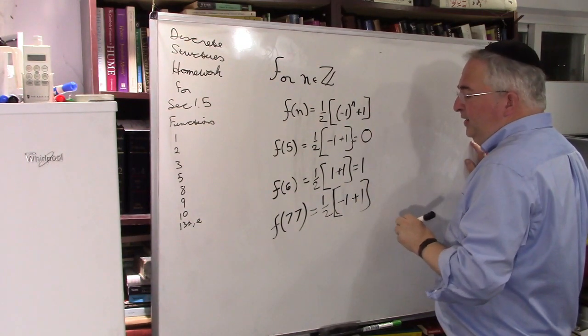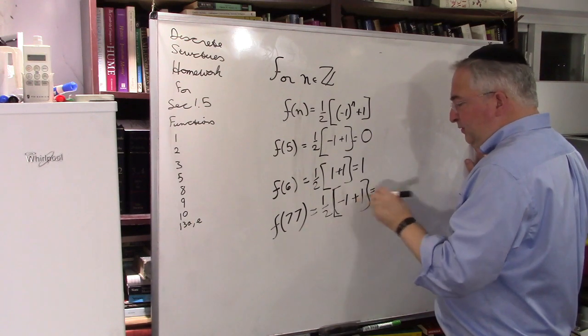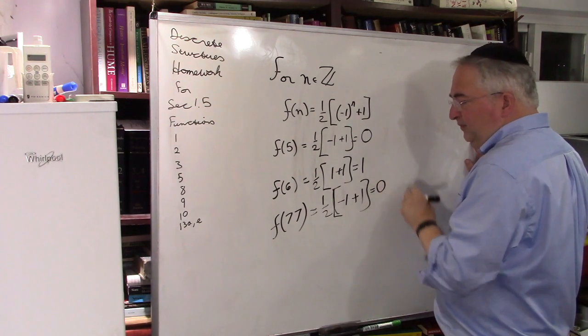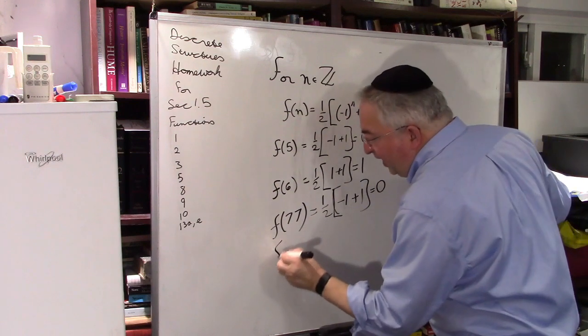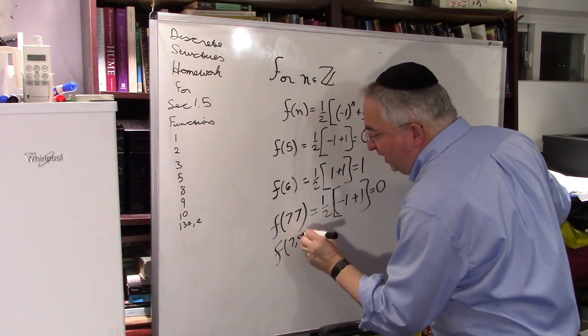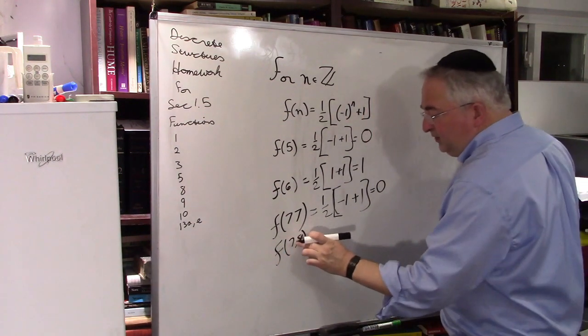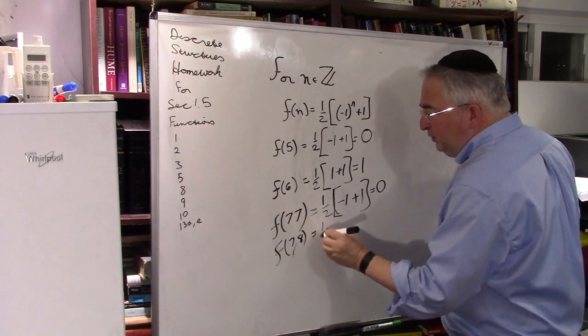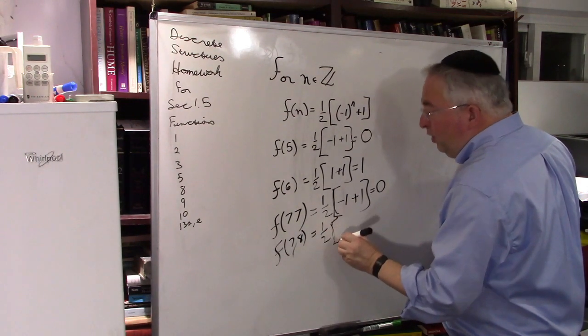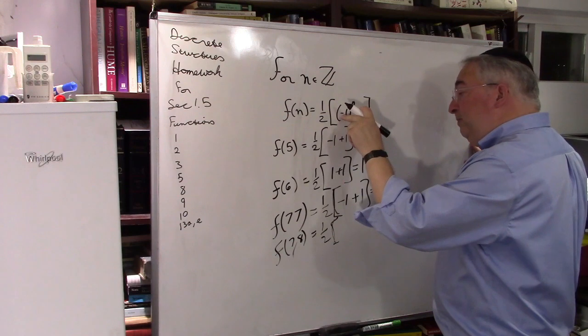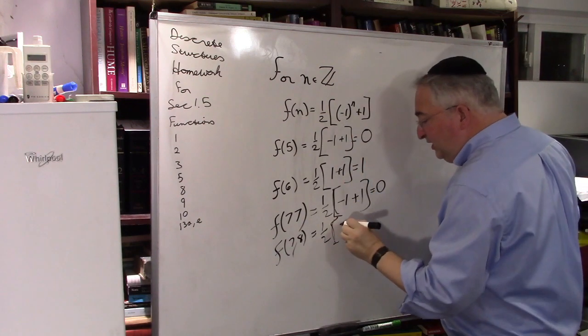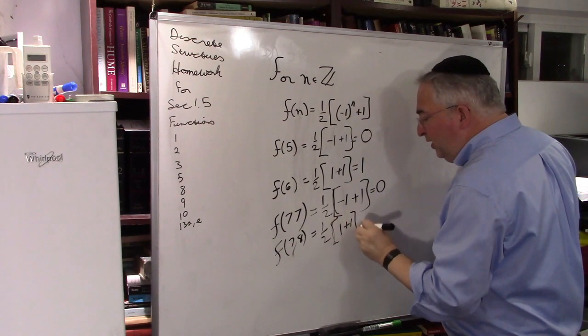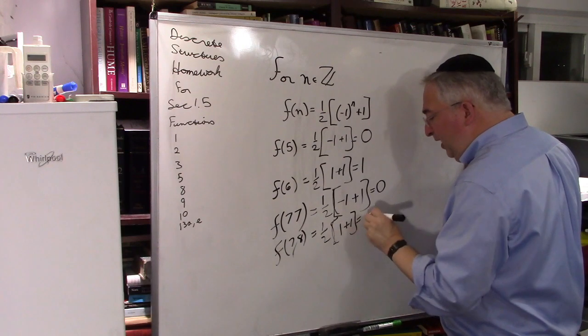That's going to be 0. 0 times a half is 0. 77 is odd. f of 78: a half of minus 1 to the 78 is 1, plus 1. That's going to equal 2, and a half of 2 is 1.